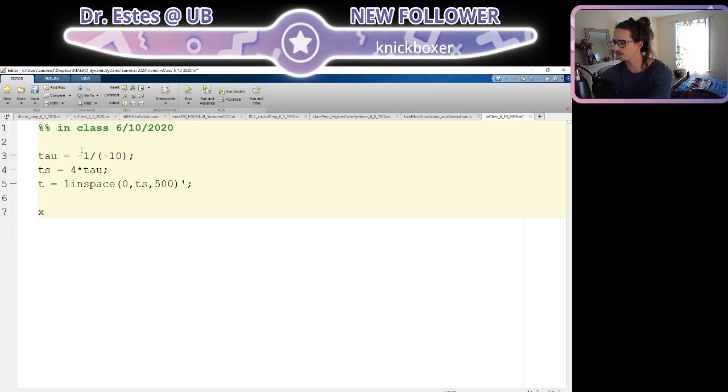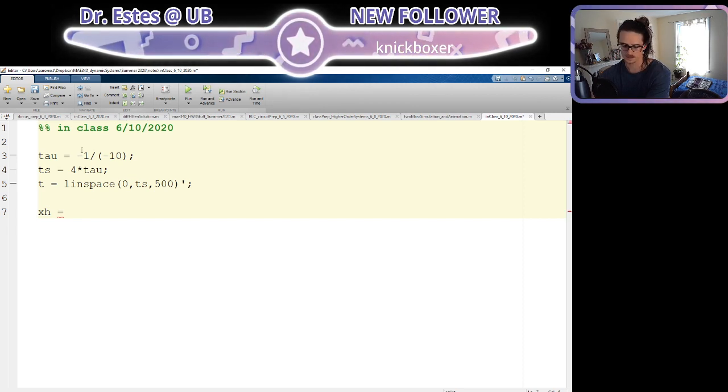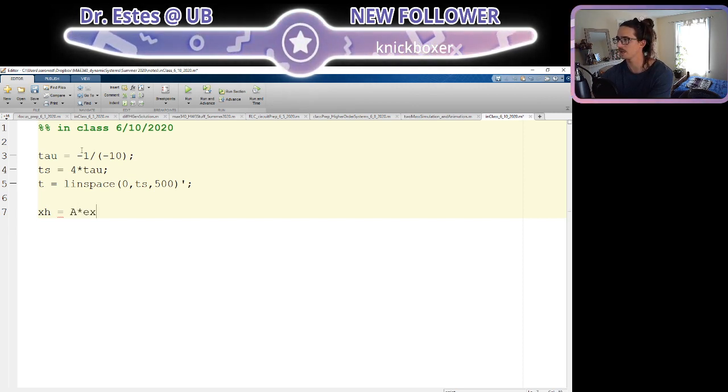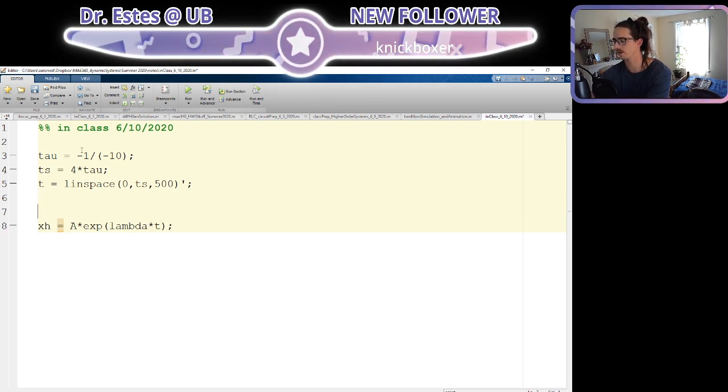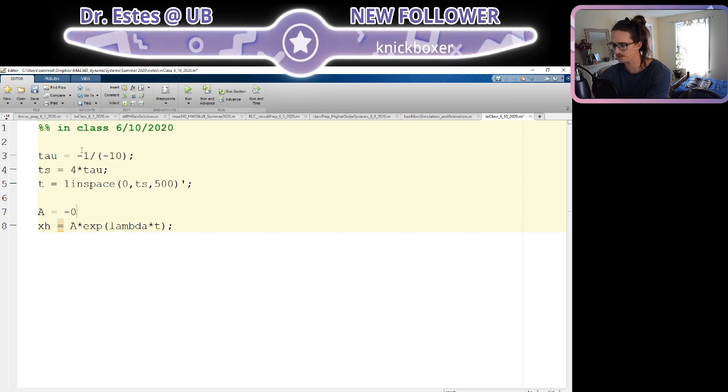Let's do our homogeneous part, which is going to be a times the exponent of lambda times t, where a is -0.7768. But you know what?